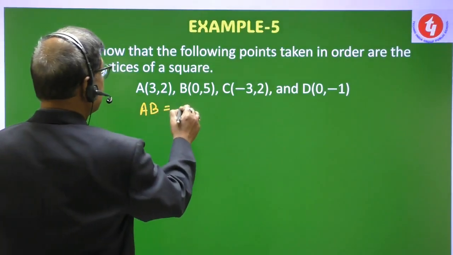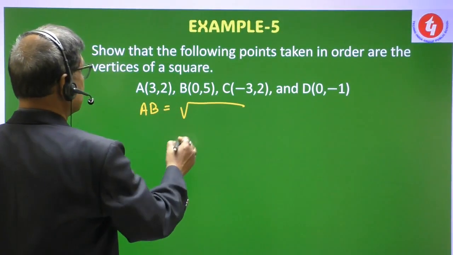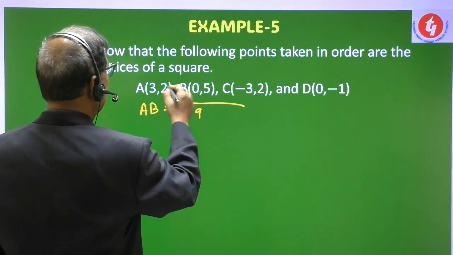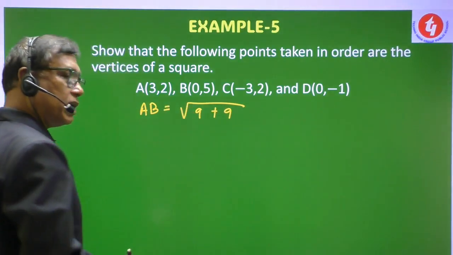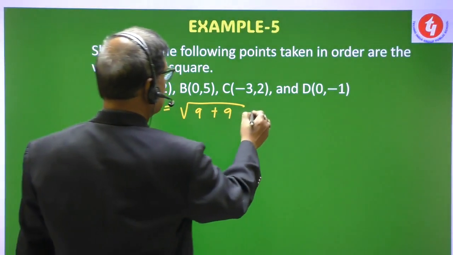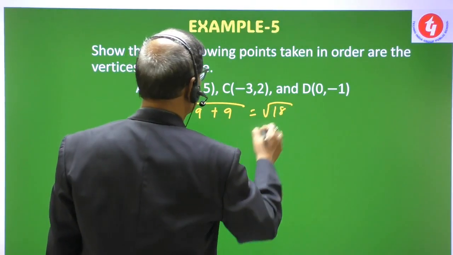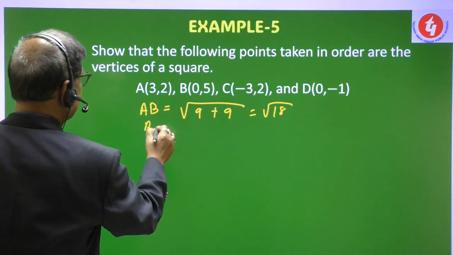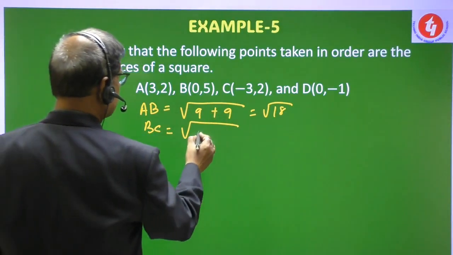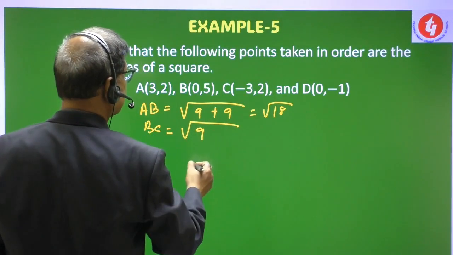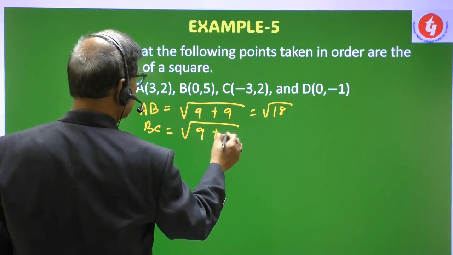So AB here: 0 minus 3, whole square, that is 9; 5 minus 2, whole square, that is also 9, because 5 minus 2 is 3, 3 square is 9. So root over 18 units, AB. Now BC: minus 3 minus 0, that is minus 3, whole square, 9; 2 minus 5, that is minus 3, whole square is 9.